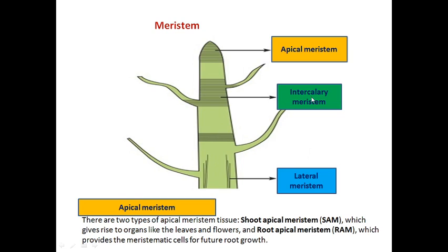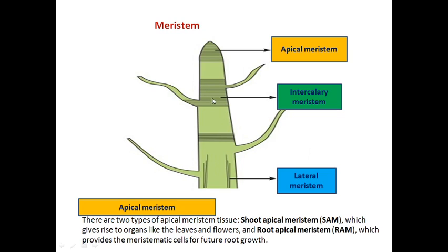Now we have intercalary meristem. What is intercalary meristem? When the cells in the apical meristem divide, they are meristematic. Some of the cells of this meristematic tissue, in between, get filled by some permanent tissues. They are actually cells of the apical meristem, but they are separated from the apical meristem by some permanent tissues.